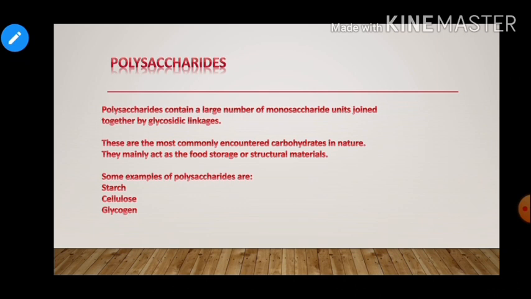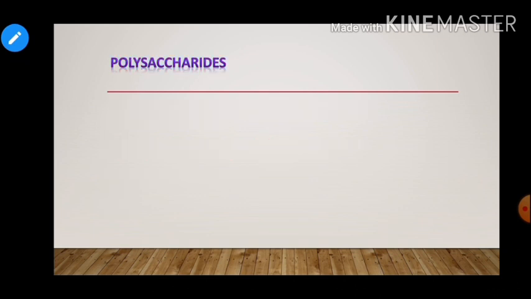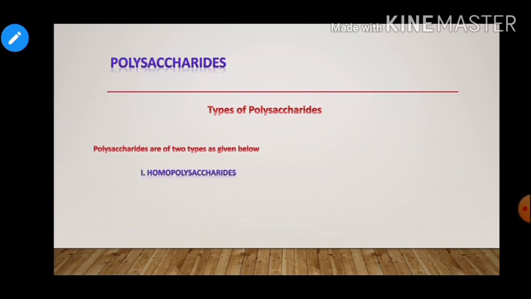Now let us move ahead with the types of polysaccharides. Children, polysaccharides are of two types. The first is homopolysaccharides and the second is heteropolysaccharides. An example of a homopolysaccharide is cellulose, and an example of a heteropolysaccharide is chitin.